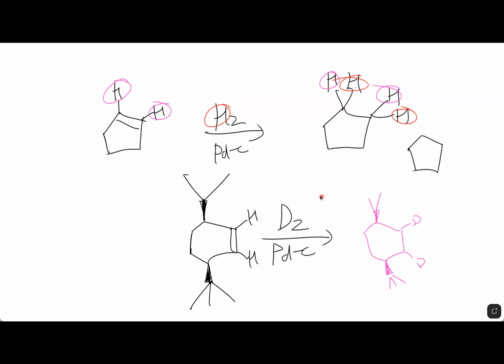Okay. But in this case, we have to include stereochemistry. Would the D add on the top side or bottom side in this molecule? Well, I'm guessing it's the opposite. Yeah, that's right, because of something called steric hindrance.